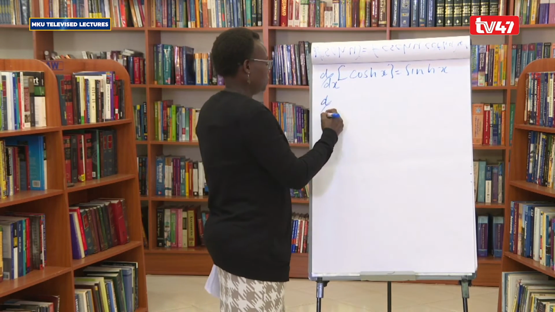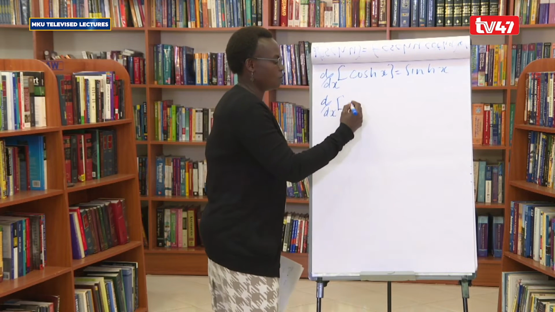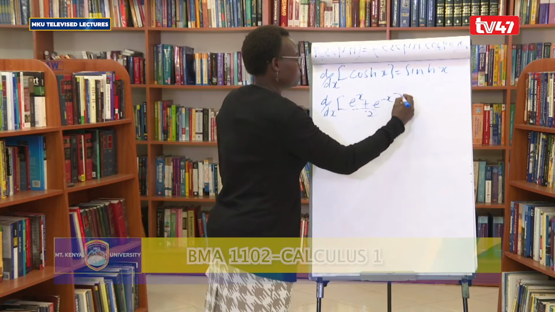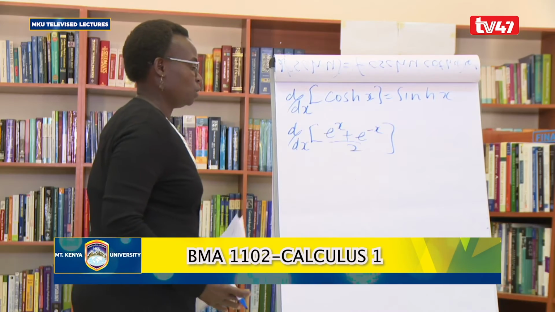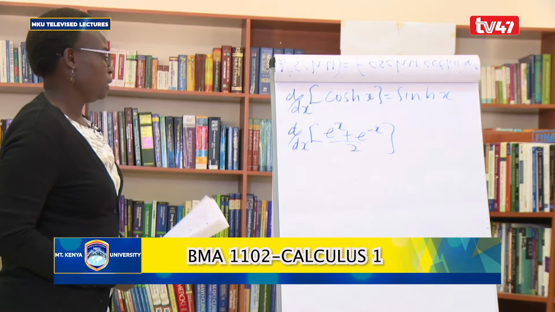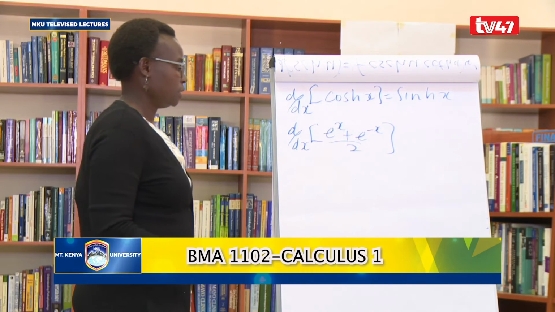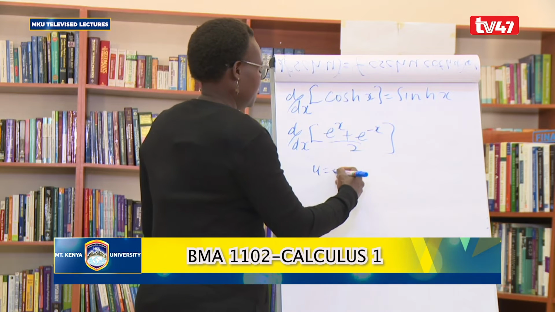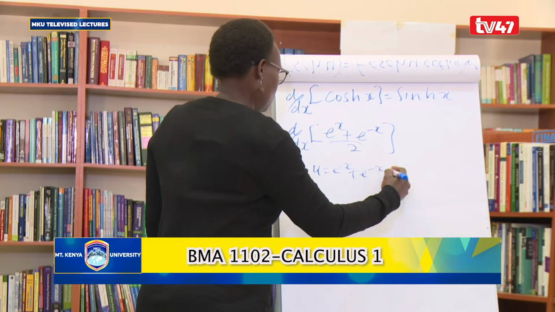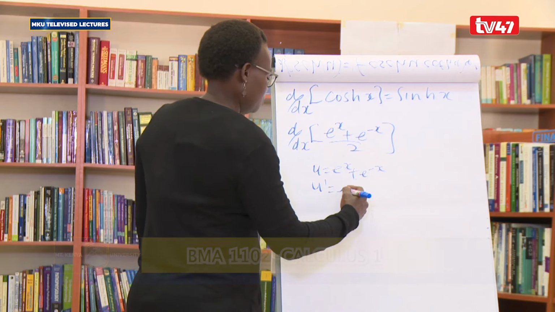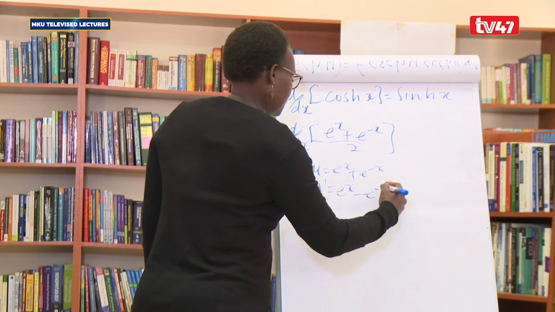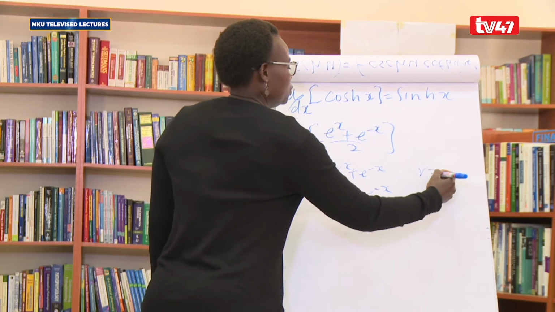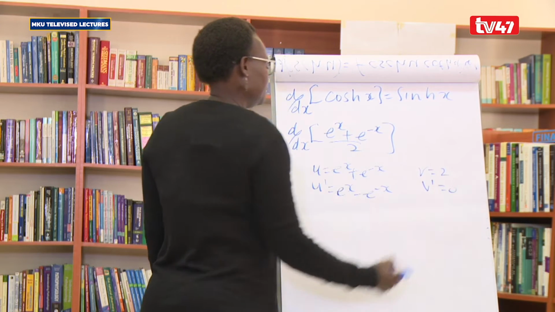So what we are getting the derivative of is this function, and that's a quotient, so we need to have u and v, then get u bar and v bar. So u is this, which implies that our u bar is going to be e to the x minus e to the negative x, and then v is 2, v bar is 0.